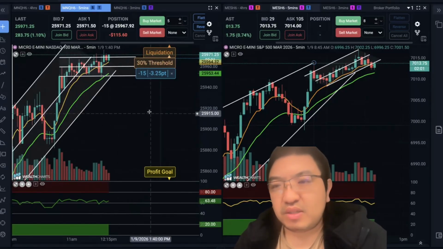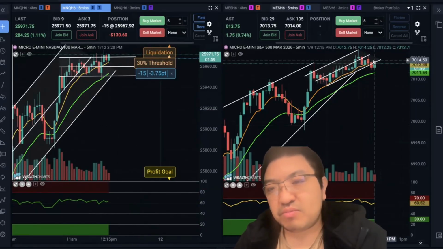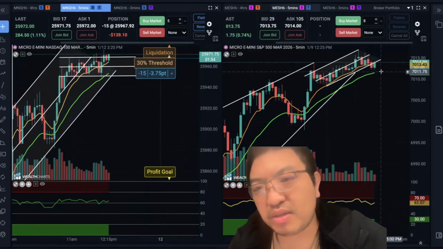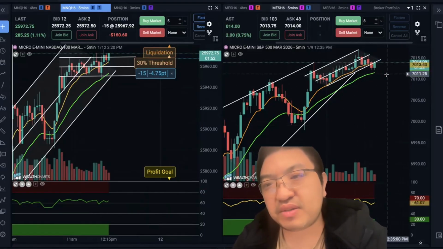But ES already shows some lower low, lower low. Oh, it could be a bull flag.